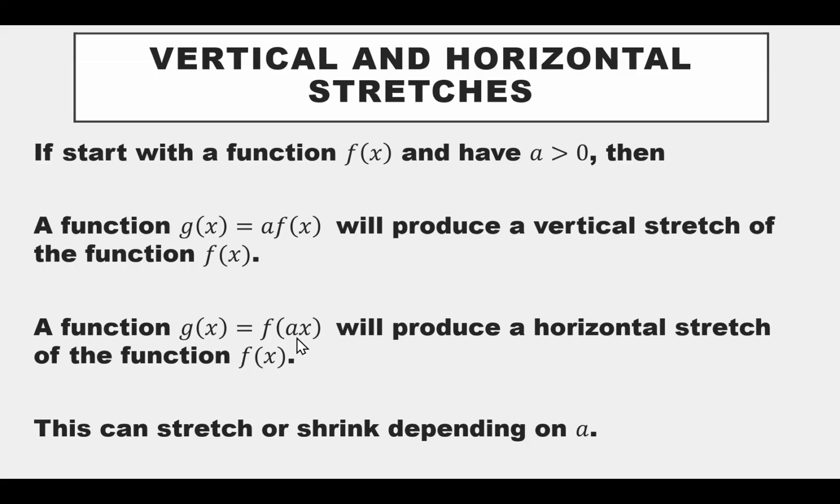It actually works in the inverse way when I do this. If a is bigger than 1, then I get a shrink. If a is less than 1, I get a stretch. So basically, we have a vertical and horizontal stretch by a factor of a, or you could think by a factor of 1 over a, one of the two.